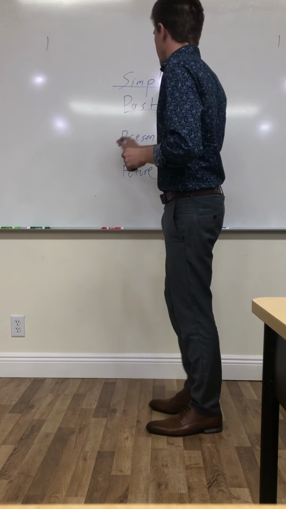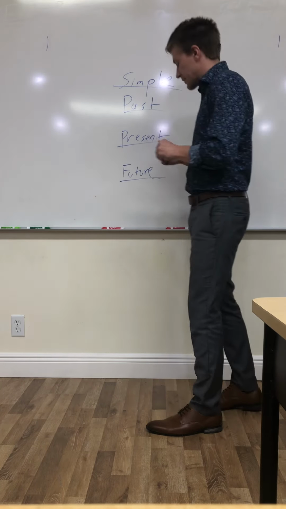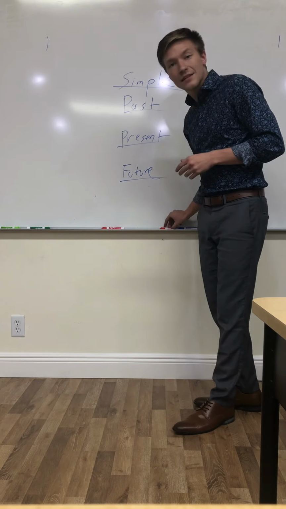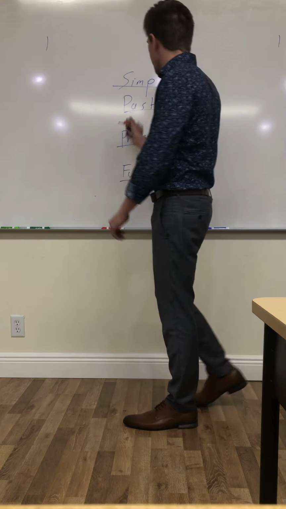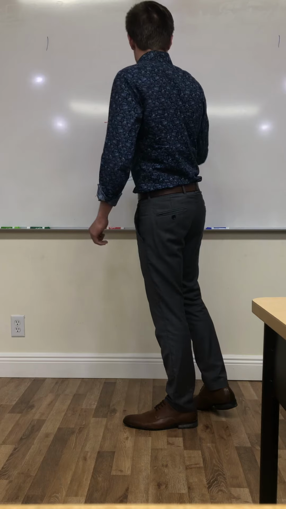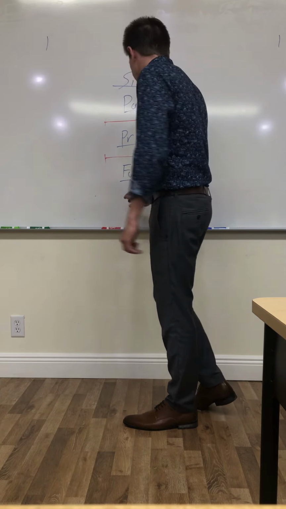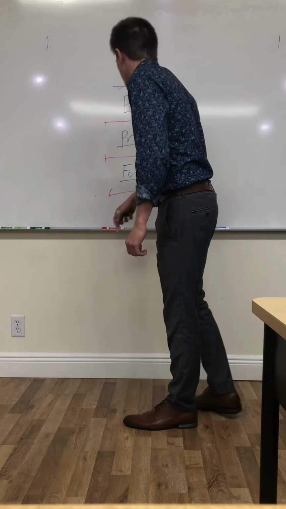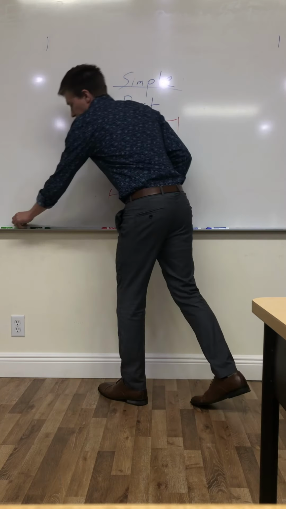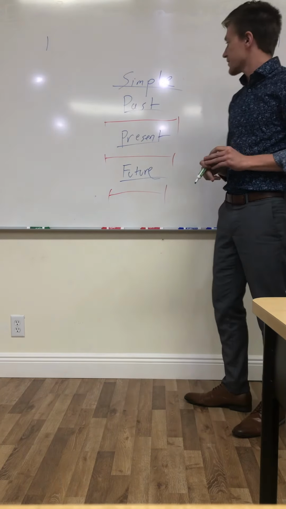Okay? Now, say that you're trying to understand when these things are happening. And what does it even mean that we have a verb tense? Why do we need verb tenses? Great questions.